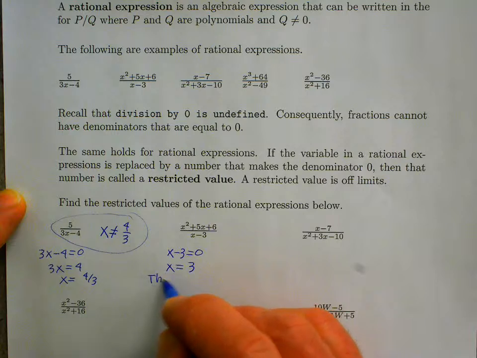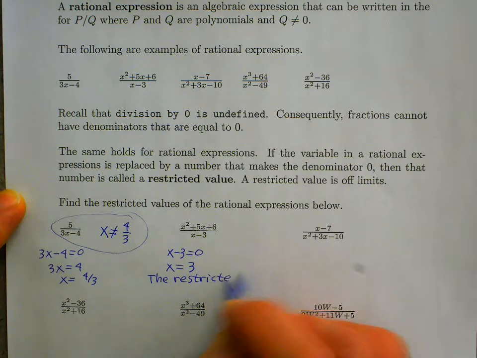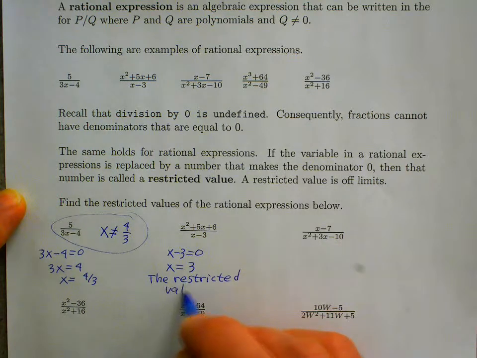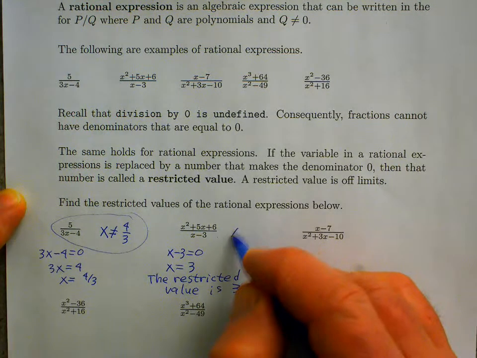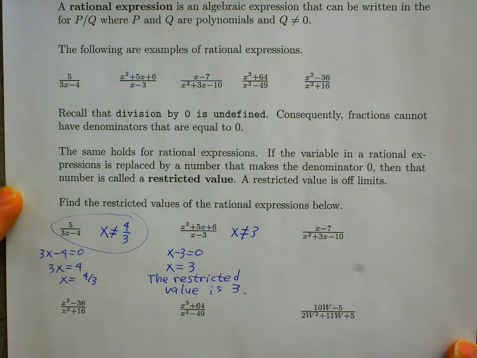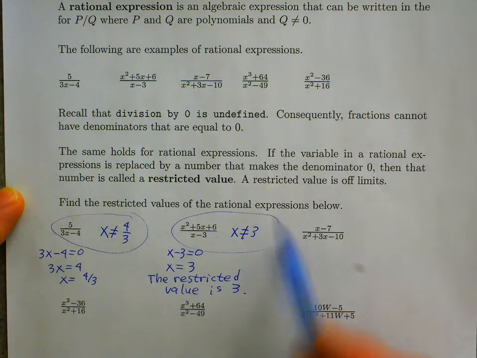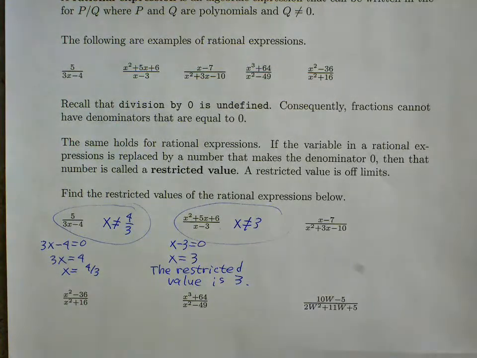The restricted value is 3. But equivalently, we can say that for this rational expression, x is not permitted to be 3. So we say x does not equal 3 for this one. Okay, the next example, x minus 7 divided by x squared plus 3x minus 10.